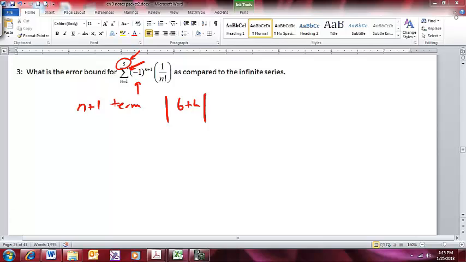I don't even really care about the negative 1 because I'm taking the absolute value. So all I'm looking at is 1 over 6 factorial. Plug in 6 for your n. The absolute value of this is your error bound. There's not going to be any negatives, so the absolute value is kind of moot at this point. Whatever that really, really small number works out to be, that's our error bound.